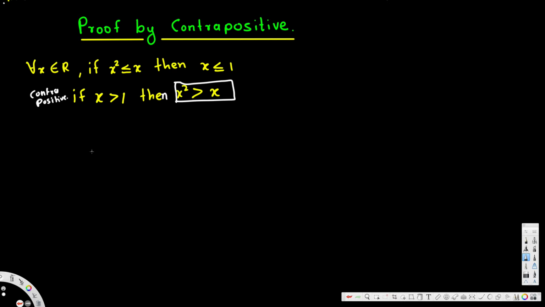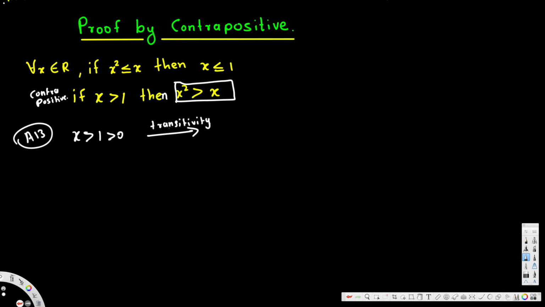Now here we know that x is greater than 1, it's given, and we know that 1 is greater than 0. So by transitivity, this is axiom number 13. I made a video on all of the axioms, and I put the link in the description, so you can go ahead and watch them.